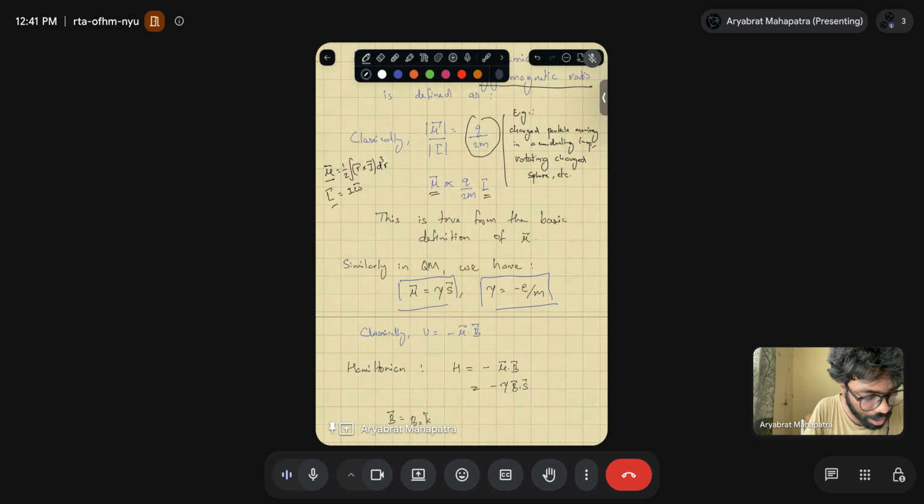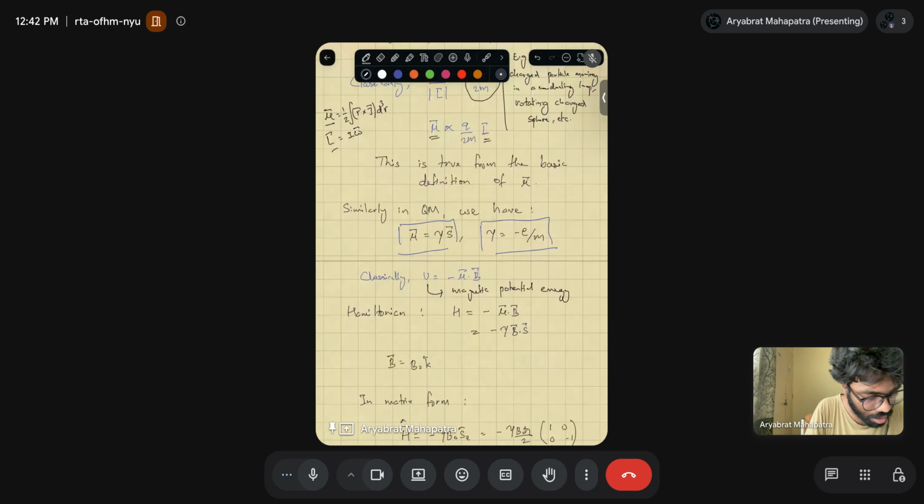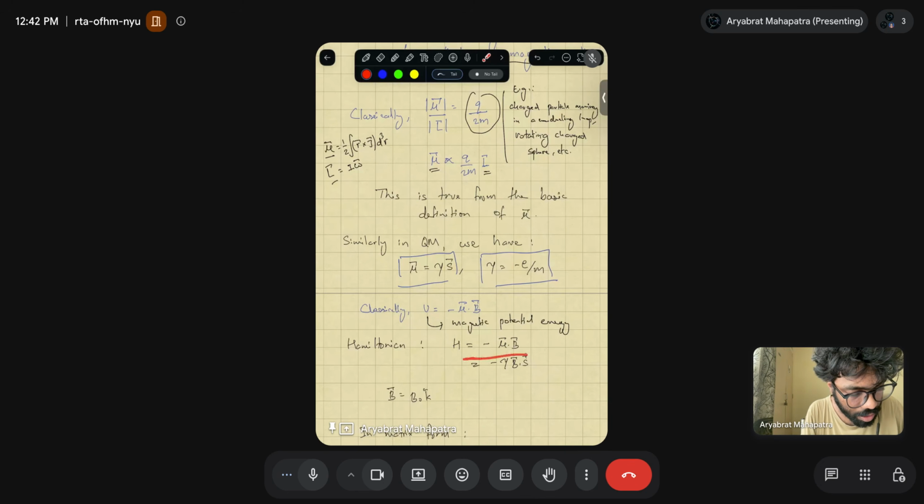Here the magnetic moment would have been q by 2m times L. But now in quantum mechanics, you will take gamma S. Then the Hamiltonian, which is also given by the energy, should be expressed as the dot product of the magnetic moment and the external magnetic field.